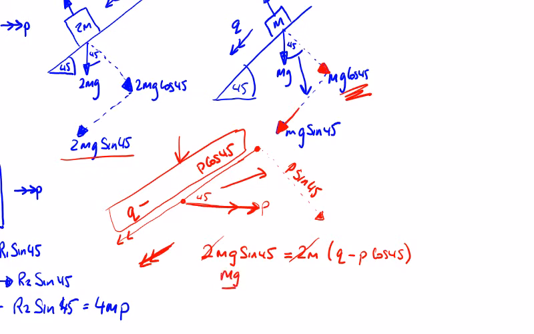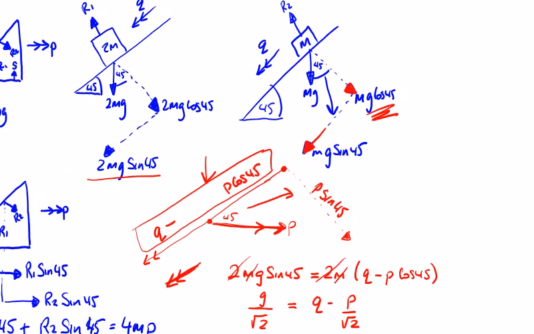Can we divide by m as well? We can actually divide by m as well. So we're going to get g over root 2 is equal to q minus p over root 2. So that's the first equation for 2m.